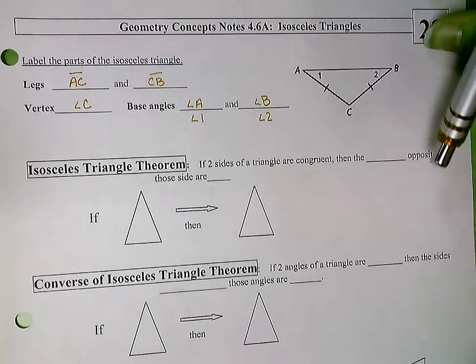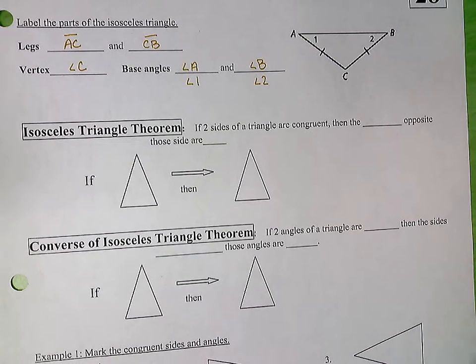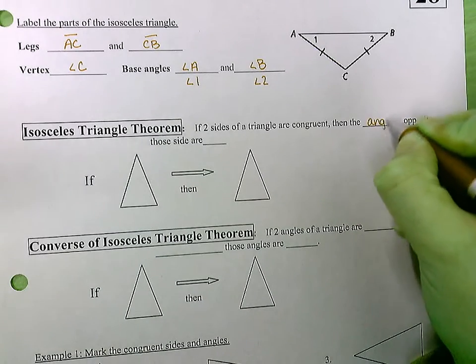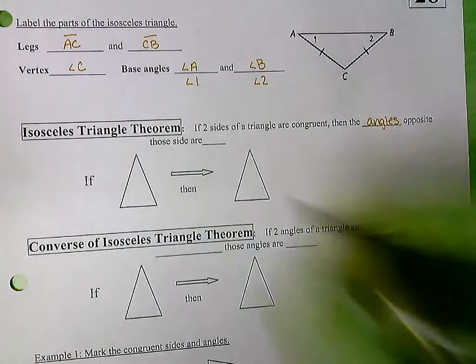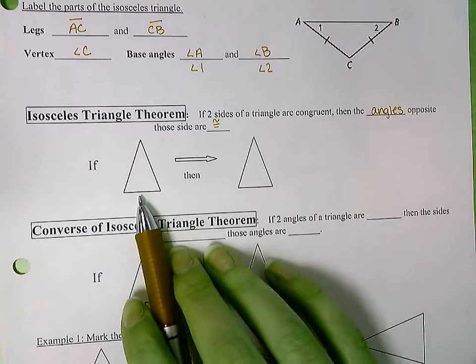So we have an isosceles triangle theorem. It says if two sides of a triangle are congruent, then the angles opposite those sides are also congruent. I'm going to use my congruent symbol. Here I have a picture.